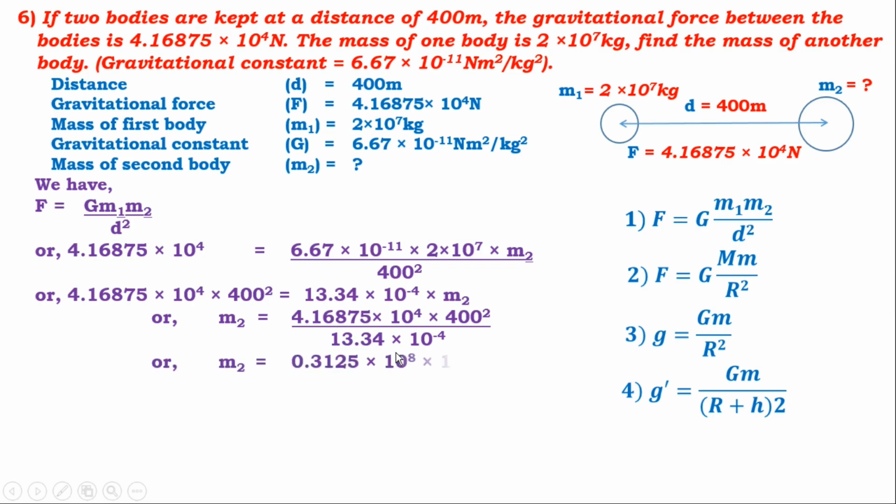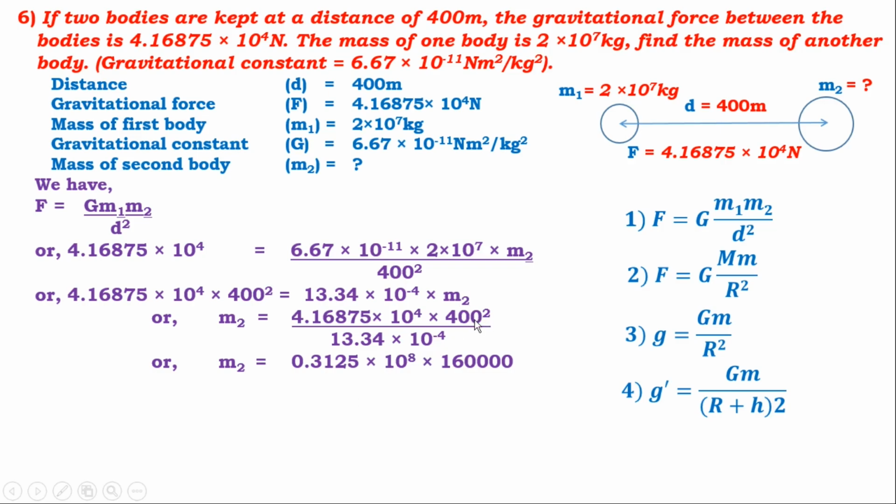And when we divide, then we'll get 0.3125. And when this 10 to the power minus 4 of denominator goes up, then it becomes 10 to the power 4, and that 10 to the power 4 and this one 10 to the power 4 gives result 10 to the power 8. 4 plus 4, 8.